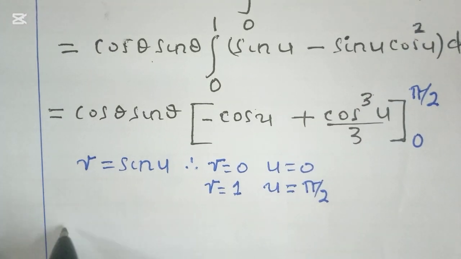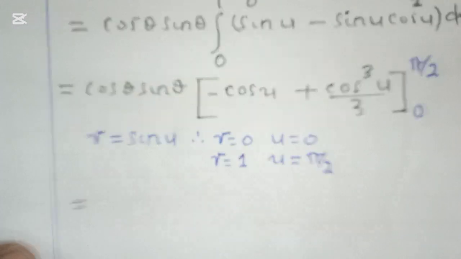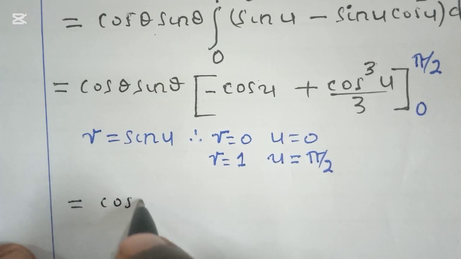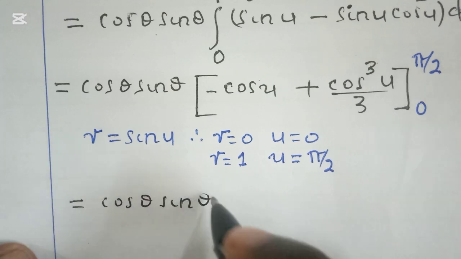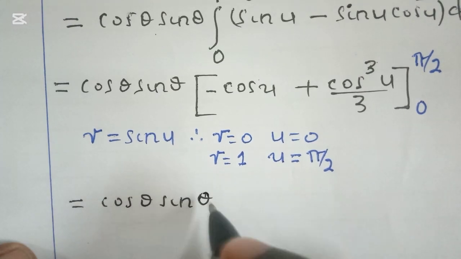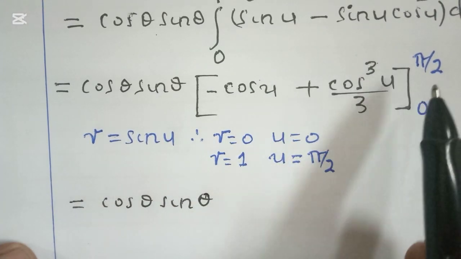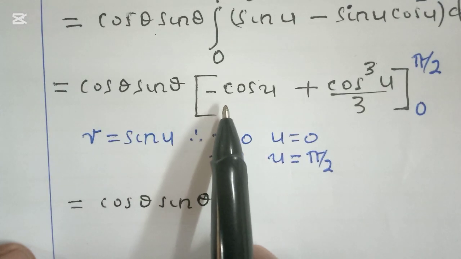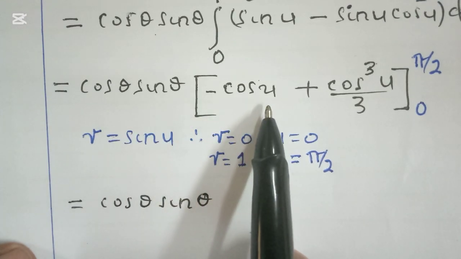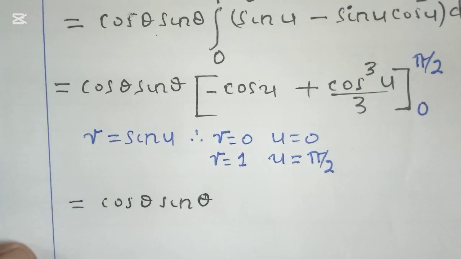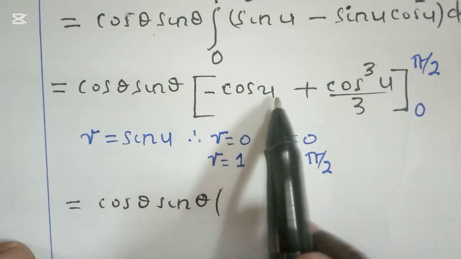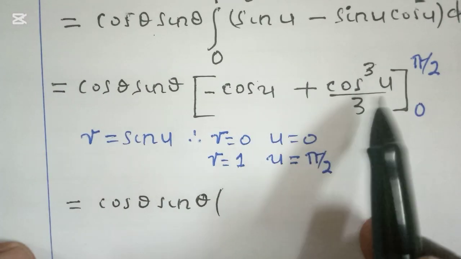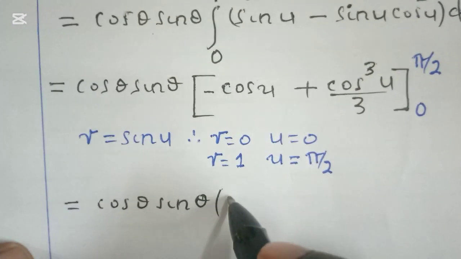So this is going to be equal to cos theta sine theta. When we replace for that, we shall have minus, first of all, minus cos pi over 2. This one will come to 0, so we are going to write 0 there.